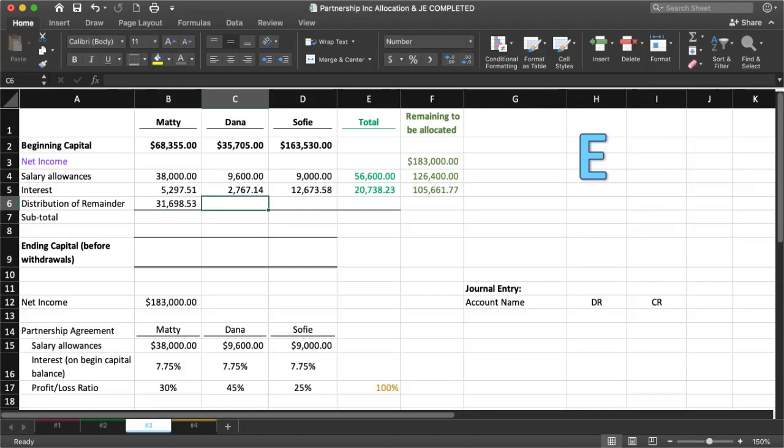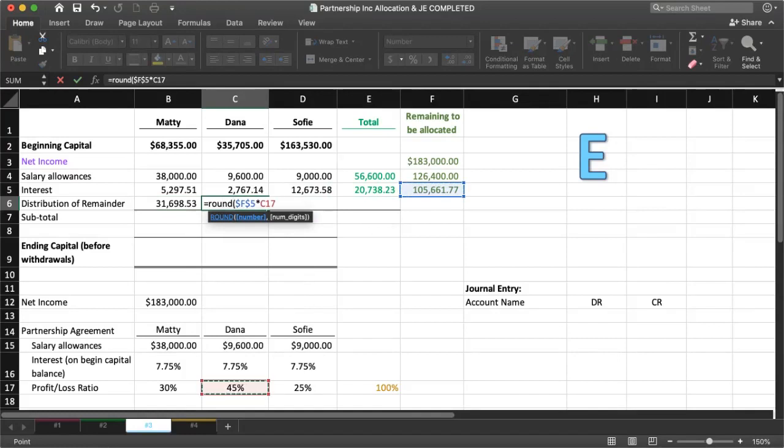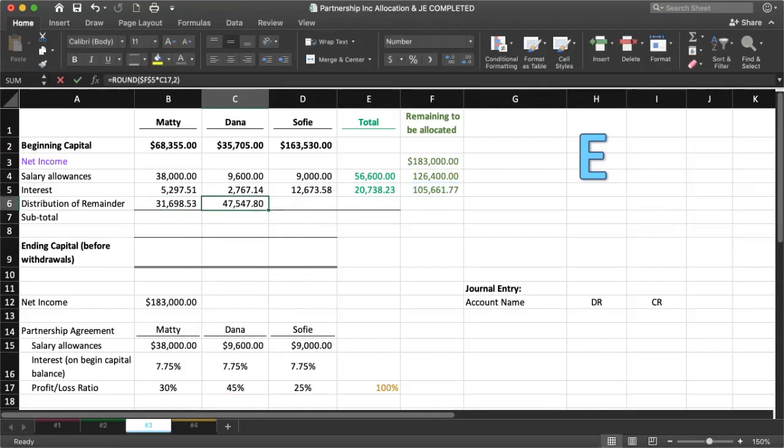All right, I'm going to do it also for Dana. We're going to do round, and for Dana, it's still the 105,661.77. And for Dana, it's 45% of that. But then again, we're going to round it to 2 decimal places. All right, so Dana gets 47,547.80.